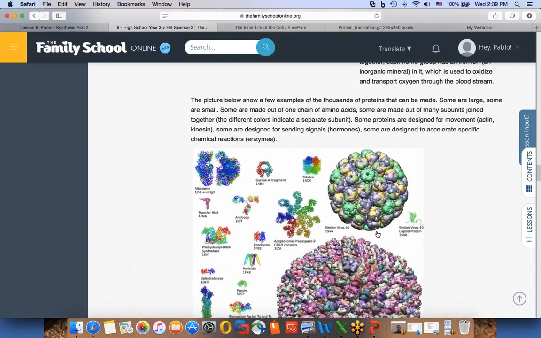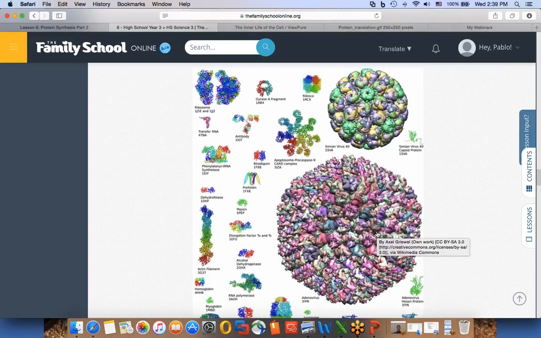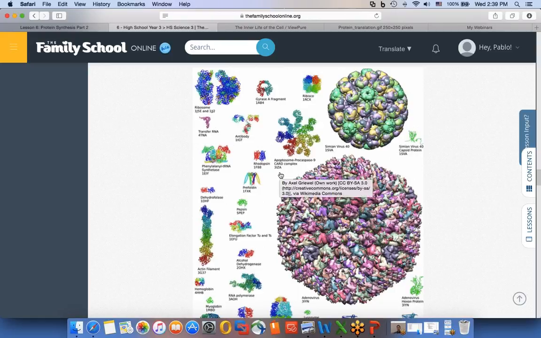Okay. So in this picture here that I have of different examples of proteins, for example in this one, what are the different colors? Oh, do you think maybe the colors determine their physical makeup, the chemical makeup?